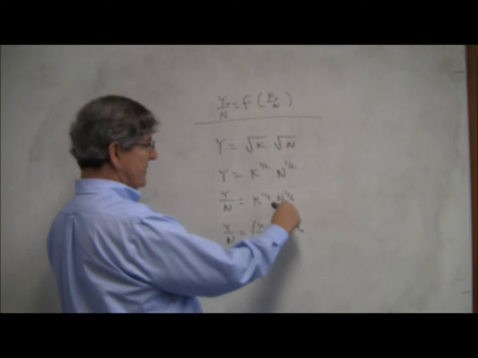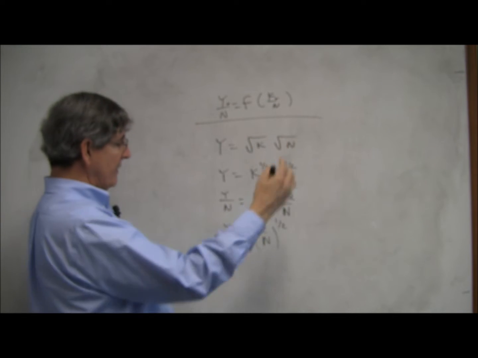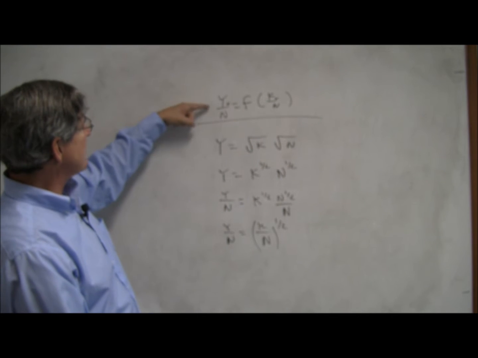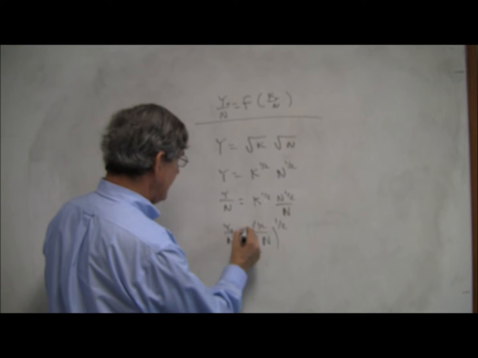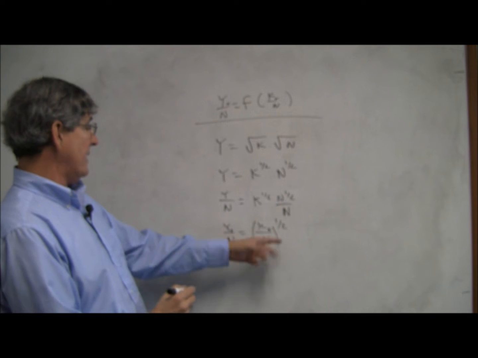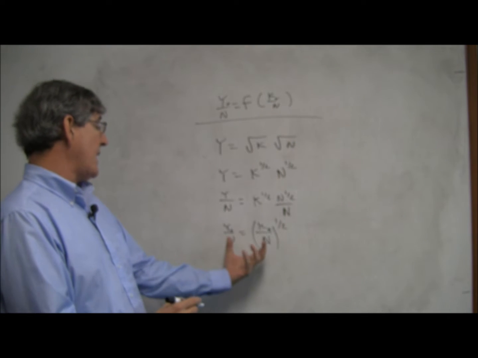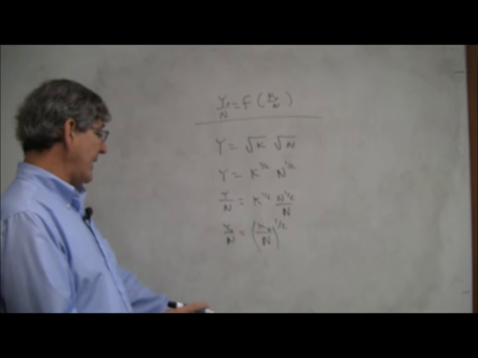This is just 1 over N to the 1/2. Pull it over there, and you're all done. So that's a specific case. And we can put the T's in if we want: Y_t depends upon K_t over N to the 1/2 power. So that's our production function. We give this a K_t, it gives us a Y_t back for a given N.